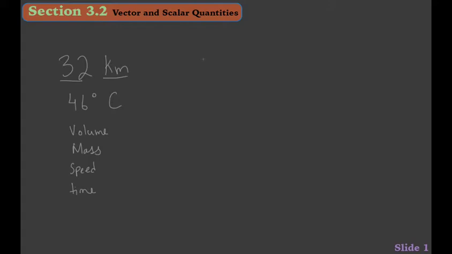A vector quantity is essentially a number, 32 for example, with the unit, but so if this is scalar, a vector quantity would be basically a number with a unit and a direction.